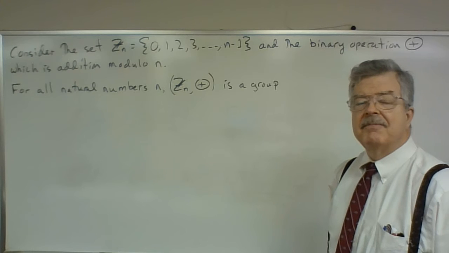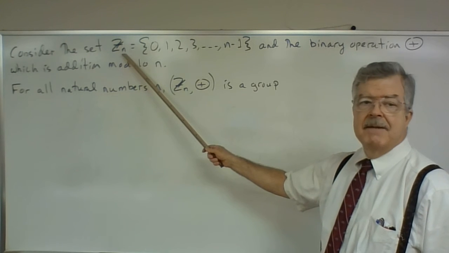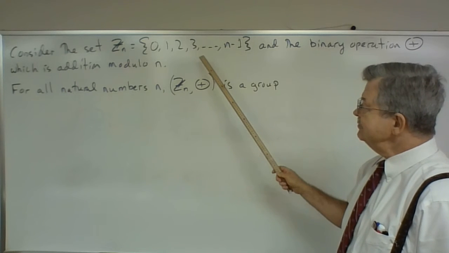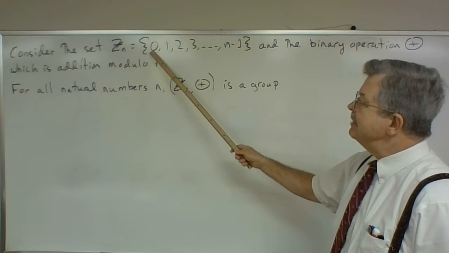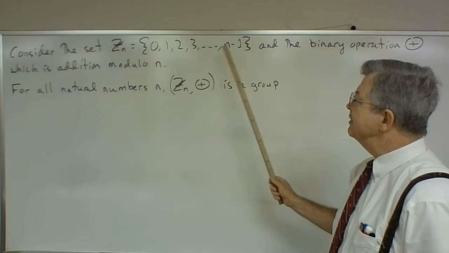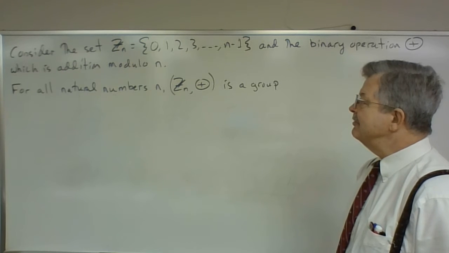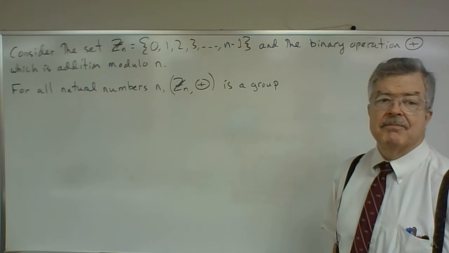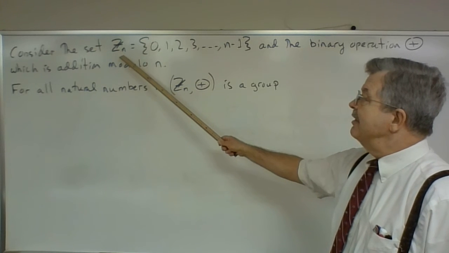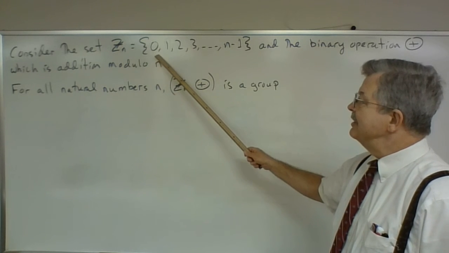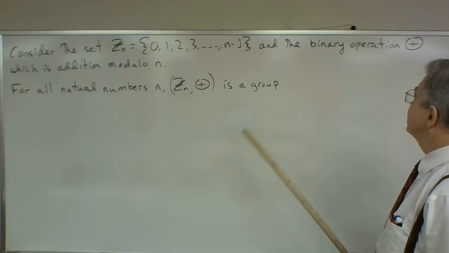If we divide an integer by the natural number n, then the choice of remainders spans the set of integers from 0 to n minus 1. So if we have a natural number n greater than or equal to 2, then the set of remainders modulo n is exactly this set of numbers.